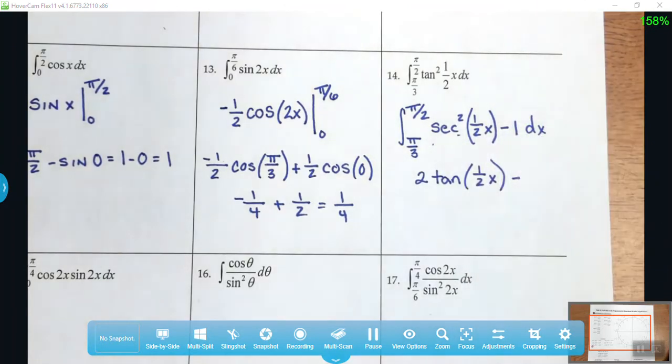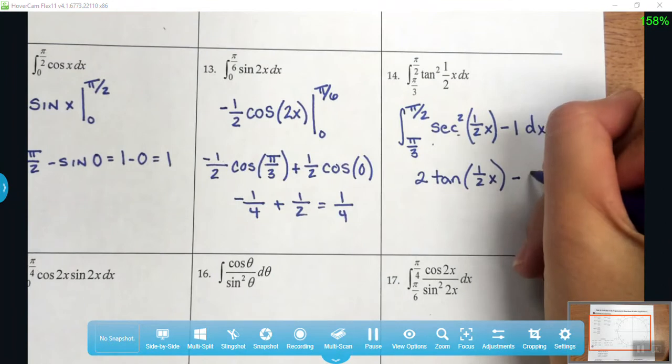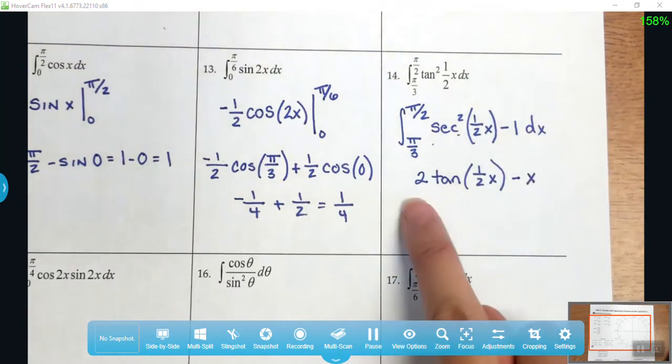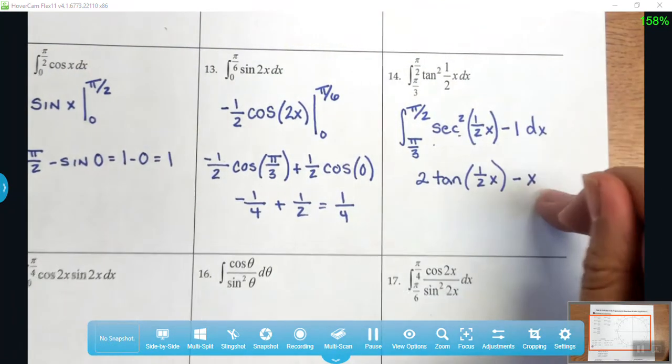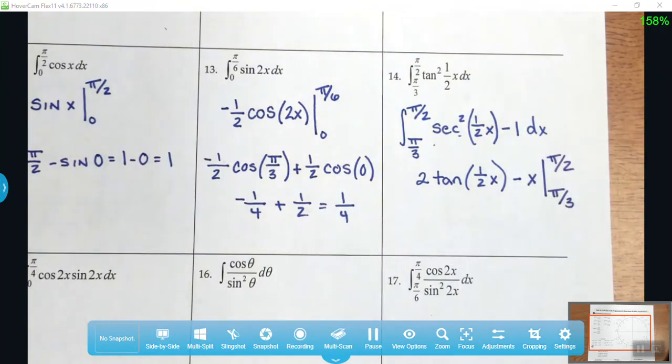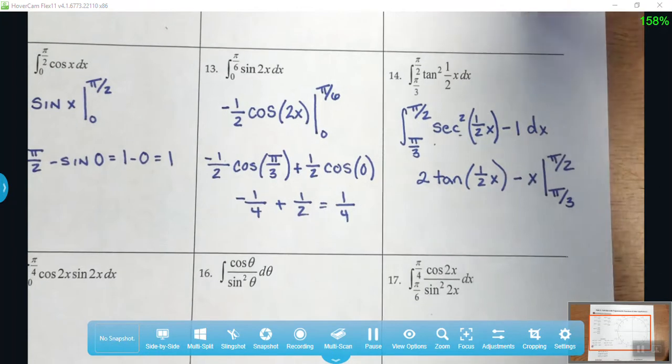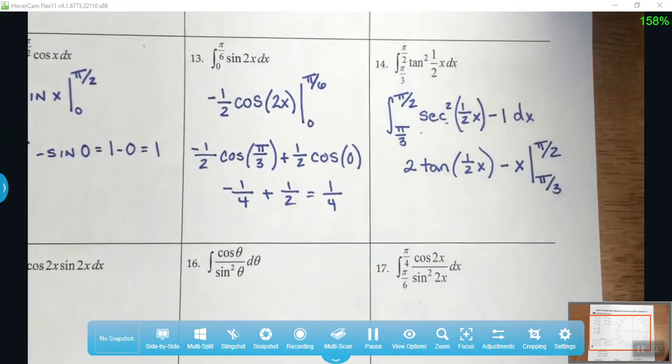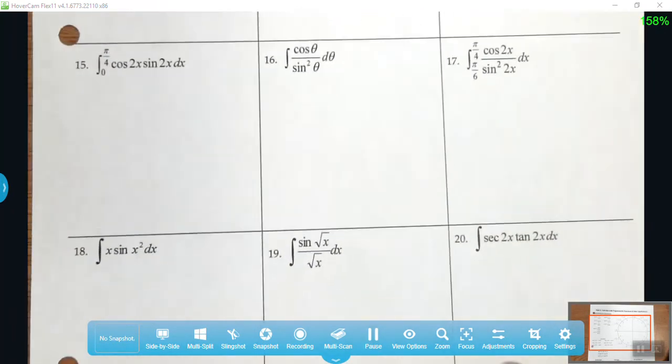What's the integral of 1? Yeah, just x. Okay, don't put the 2 with the x because that doesn't distribute. And then this goes from pi over 3 to pi over 2. And then you plug in pi over 2, and then you plug in pi over 3. But to save us some time, we're not going to do it. We integrated just fine.